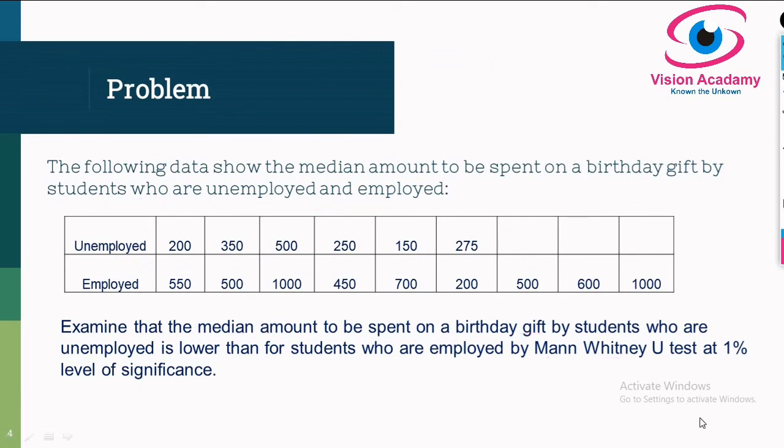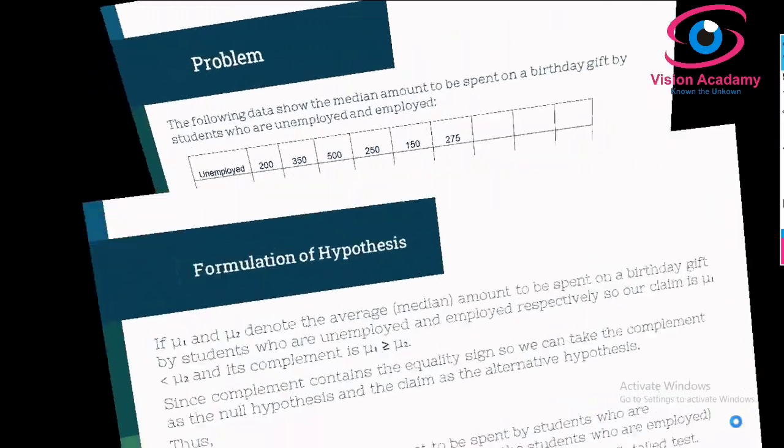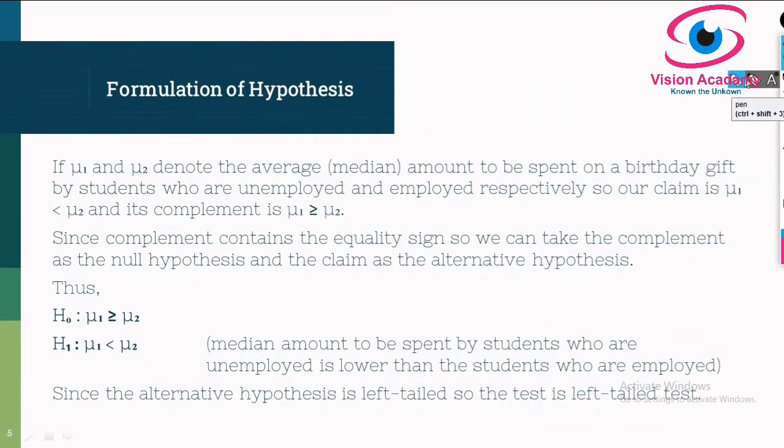So let us formulate the hypothesis for this problem. As given in the problem, mu1 and mu2 denote the average or median amount spent on birthday gifts. For unemployed students, we denote it by mu1, and for employed students, by mu2 respectively.